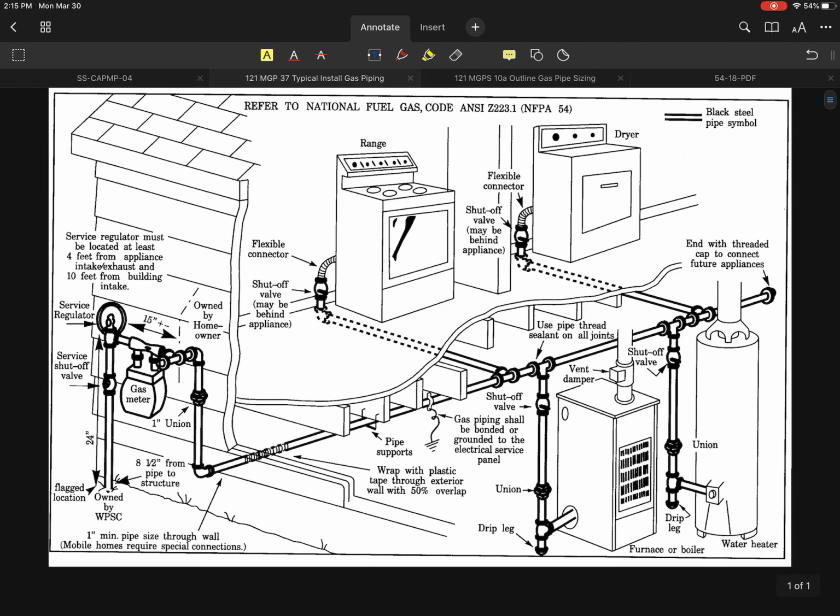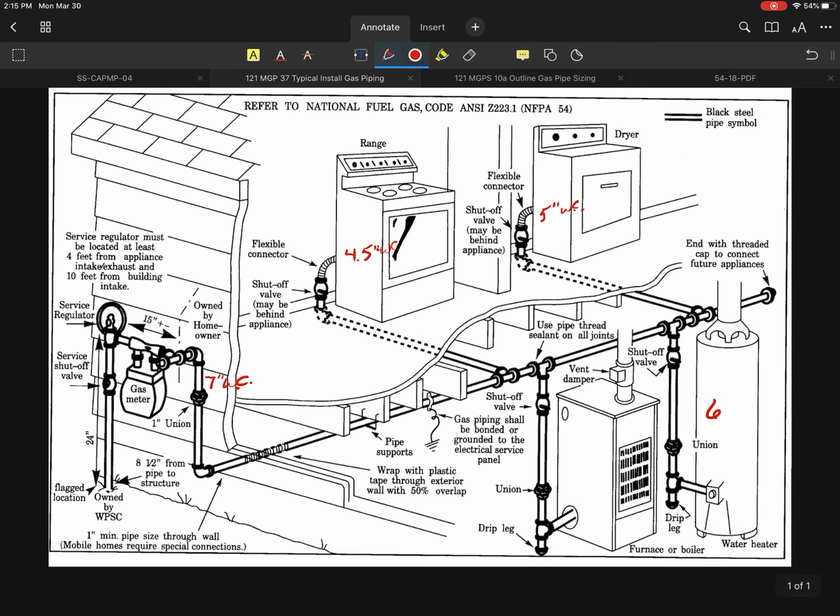So let's take a look at the typical install. If I look at my example here, let's say that I determine that I'm going to use 7 inches of water column as my pressure going from my meter all the way into my building, and let's say that this one needs a minimum of 5 inches of water column. This one needs a minimum of 4.5 inches of water column.